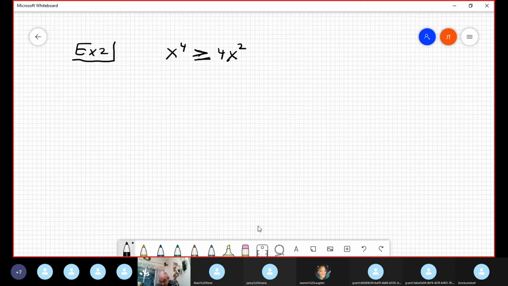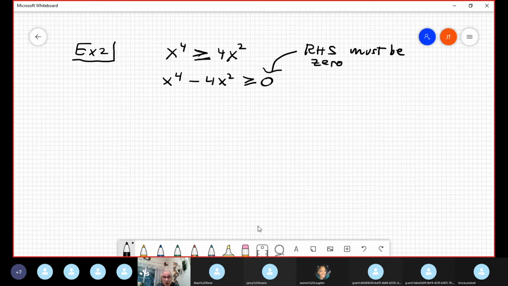The problem is that the right-hand side is not 0, and it is mandatory to be 0. The first thing you should do, listen up, is manipulate the expression in order to express the right-hand side as 0.